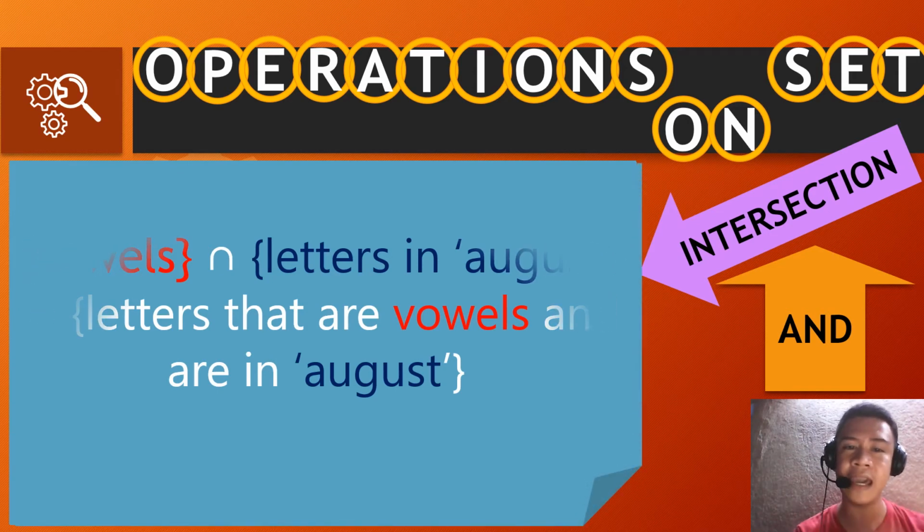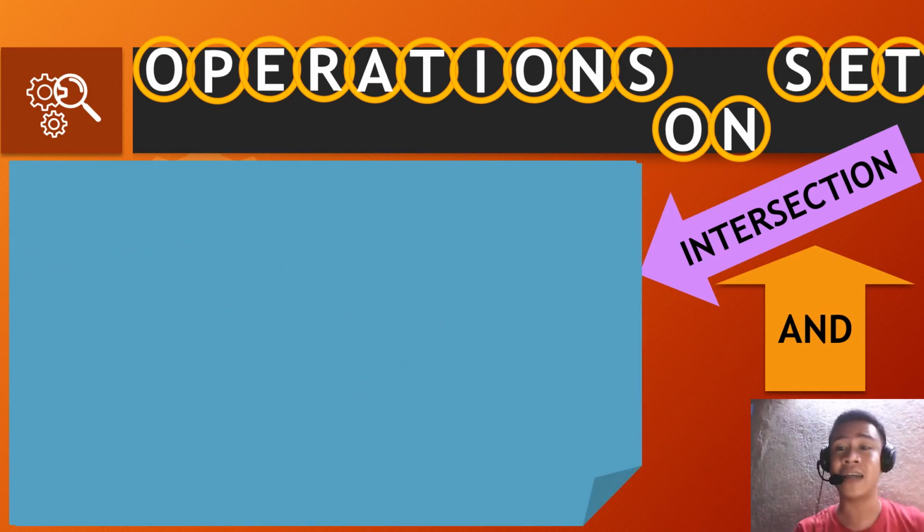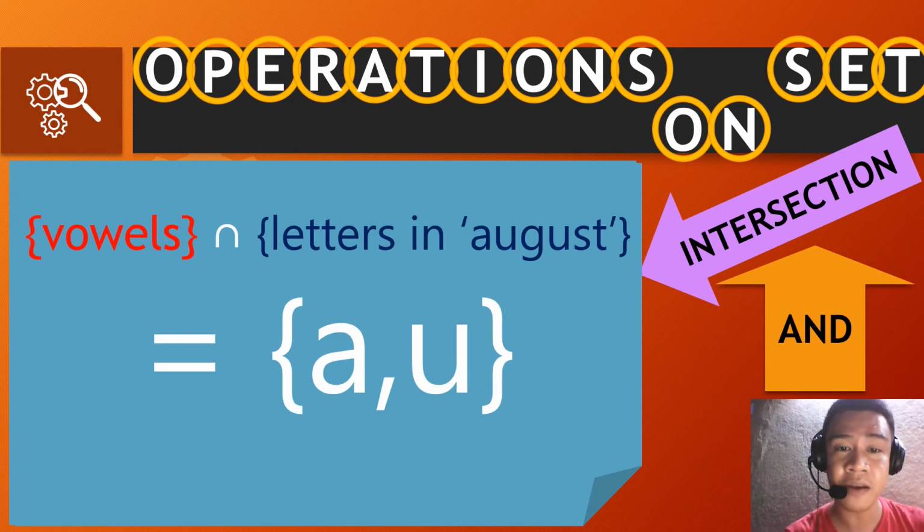We have A, U, G, U, S, T. Therefore, the intersection of two sets is A and letter U. Since A and U are vowels, at the same time, makikita pa siya sa letters ng August. A and U. So that is intersection.